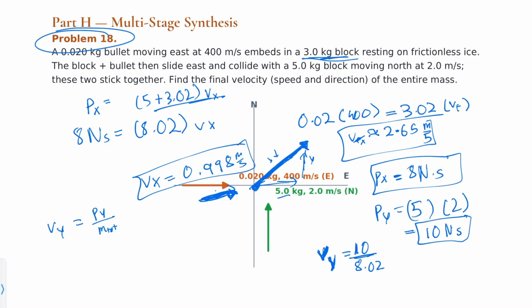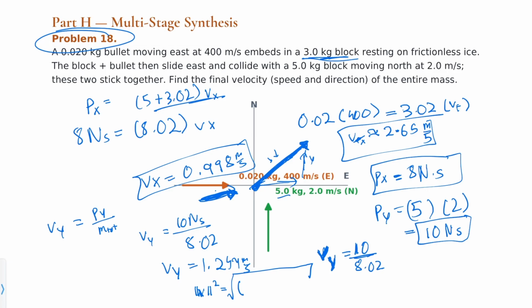And velocity y is going to be py divided by m total, very similar to the process we took before. Velocity y: py here is 10 Newton seconds divided by mass total, which is 8.02. So velocity y is 10 divided by 8.02, or 1.247 meters per second. So the velocity magnitude is the square root of 1.247 squared plus 0.998 squared.